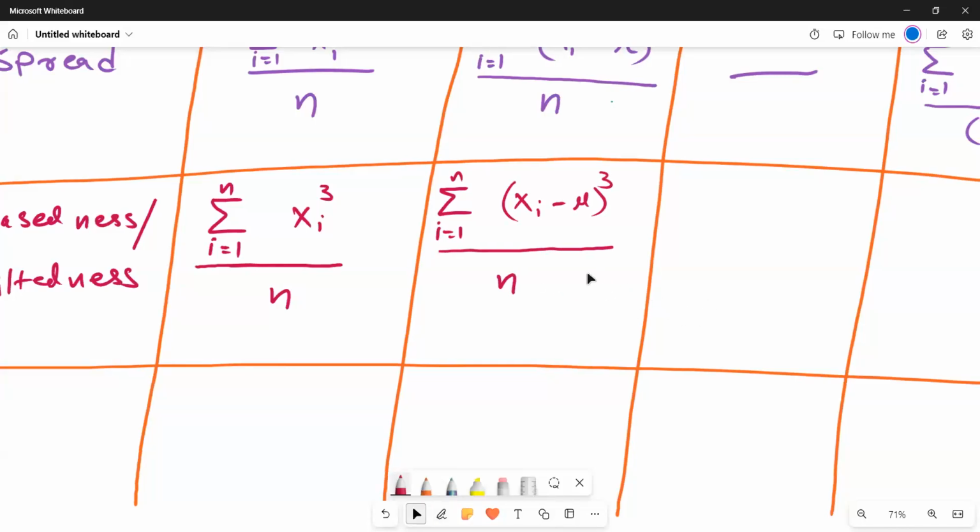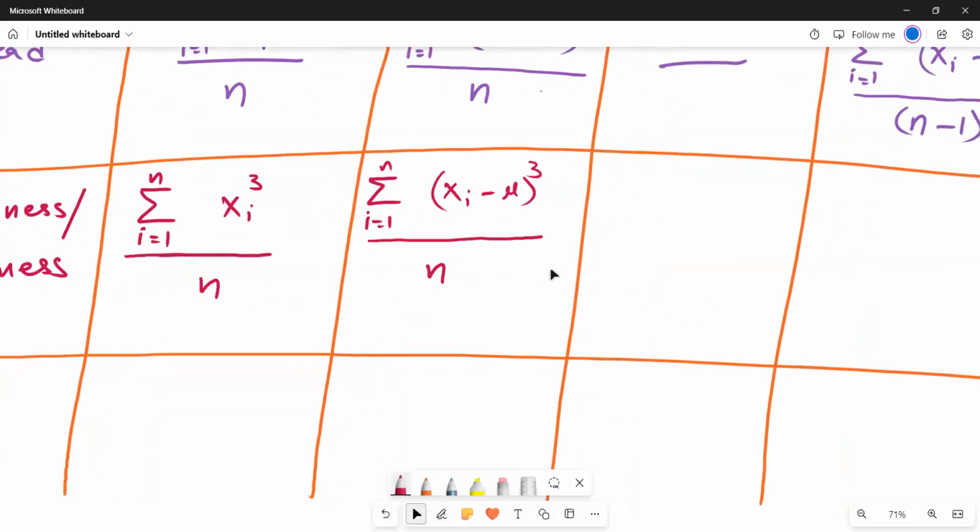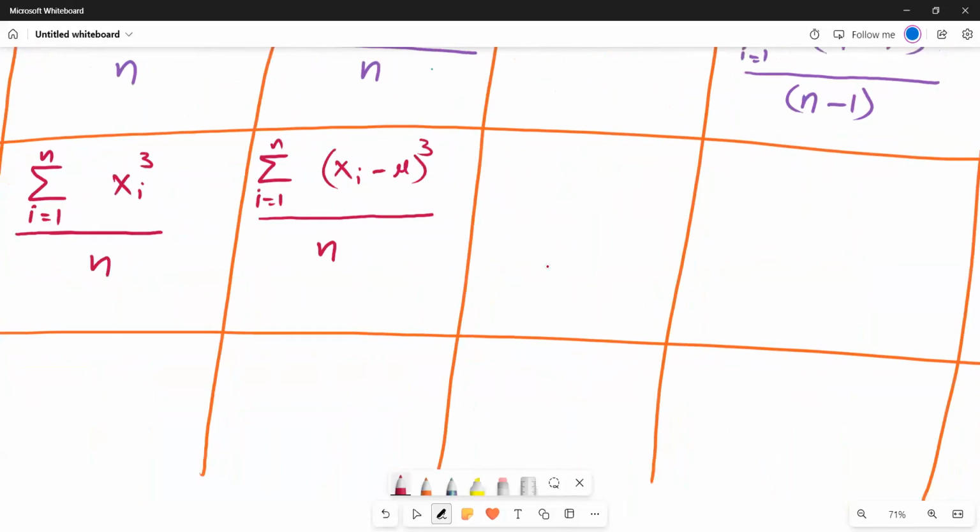Then we can calculate the standardized form of this by simply dividing it by the standard deviation. So this part of the formula will look like this. It will go from 1 to n, xi minus mu whole cube divided by the standard deviation cube. All right, and 1 by n will remain as it is.